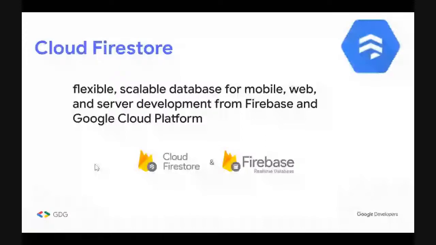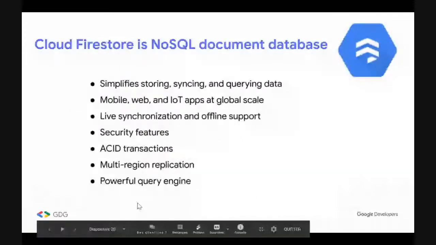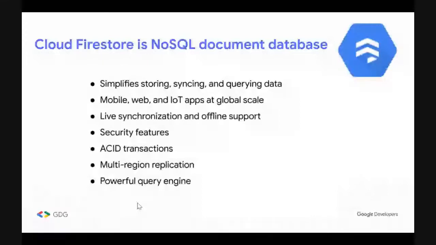So if you're looking for a highly scalable NoSQL database for your application, Cloud Firestore is for you. Cloud Firestore is a fast, fully managed, serverless, cloud-native NoSQL document database that simplifies storing, syncing, and querying data for your mobile, web, and IoT apps at a global scale.